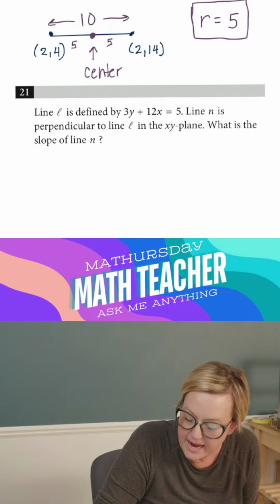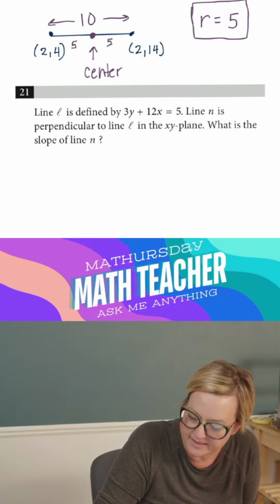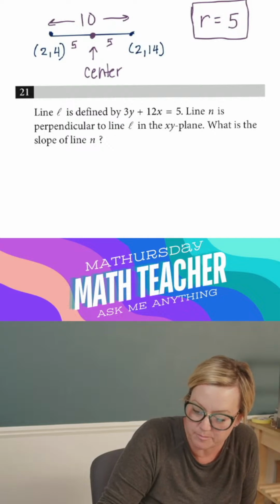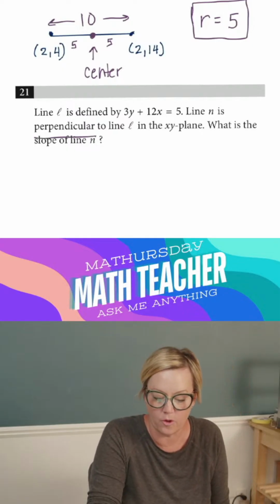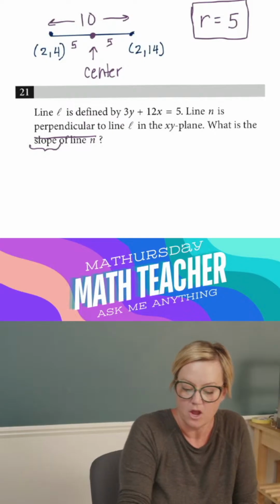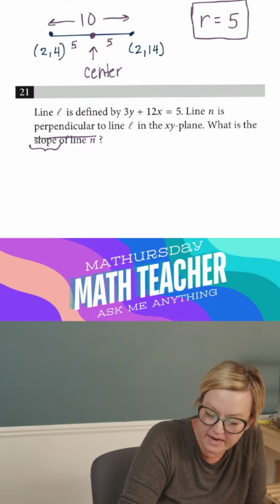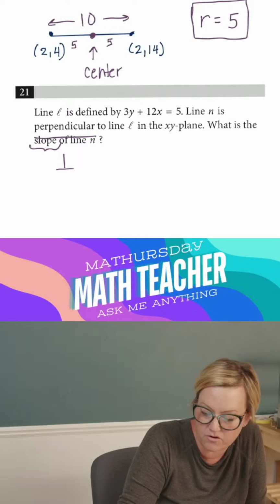Okay, so line L is defined by 3y plus 12x equals 5. Line N is perpendicular to line L in the xy plane. What is the slope of line N? So perpendicular means they intersect at a 90-degree angle.